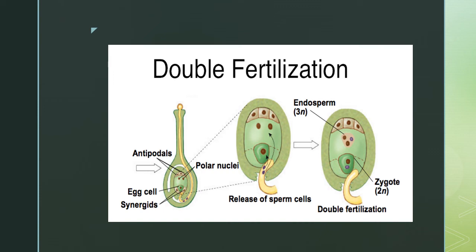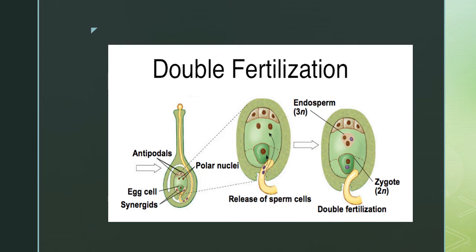The male gametes reach this embryo sac: one male gamete fuses with the egg cell and forms the zygote, and the second male gamete fuses with the polar nuclei. So n plus n plus n, 3 haploid cells fuse to form the triploid endosperm.